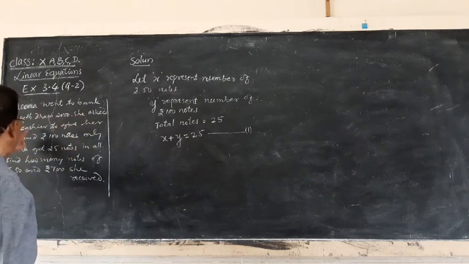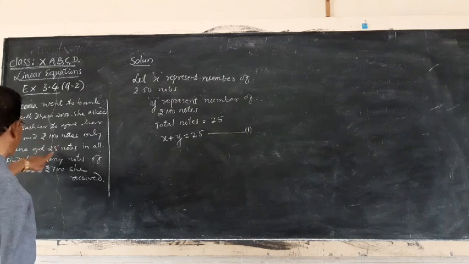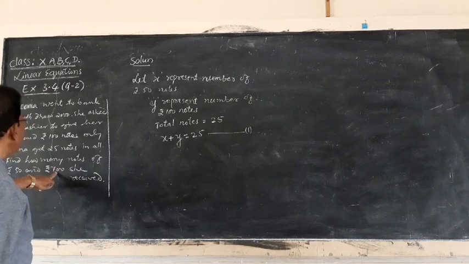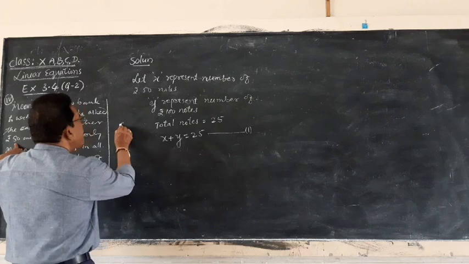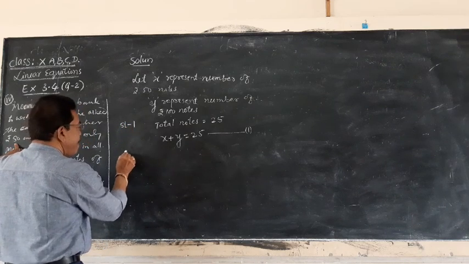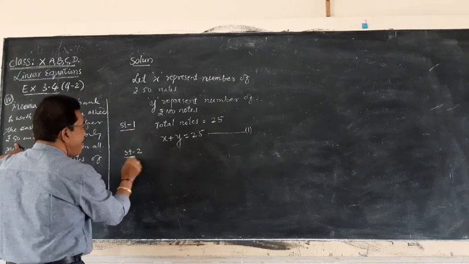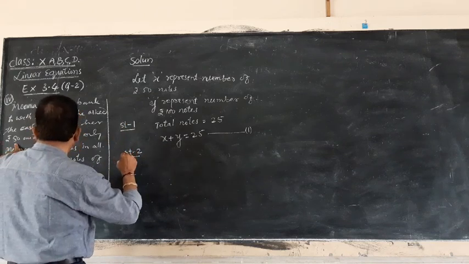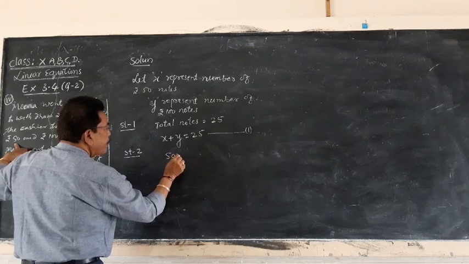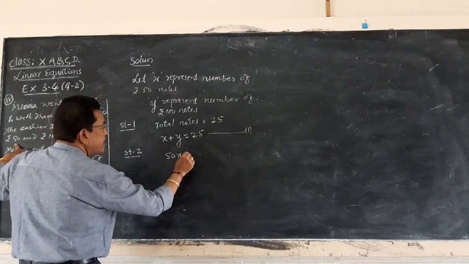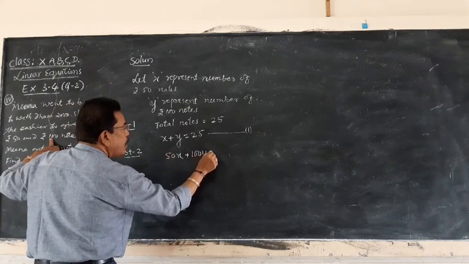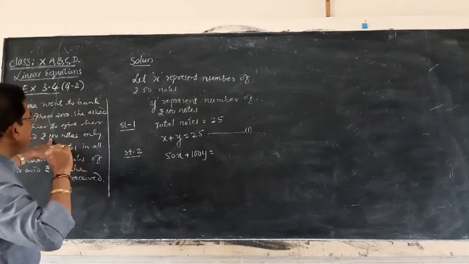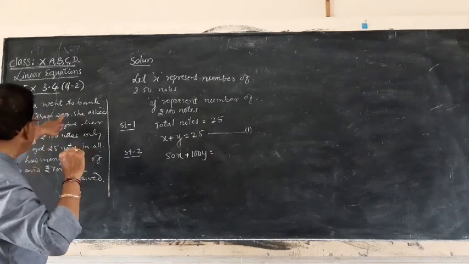Then, statement 2: according to statement 1 and statement 2, 50 notes are considered as x and 100 notes are considered as y. What is their value? The value is 2000.